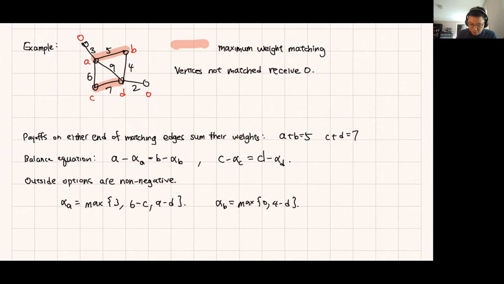Eventually, it won't matter because we're going to have a linear program, so everything is non-negative to begin with. But we're just writing it down formally here for now. And outside option for C, there's only one choice as well. So it's either 0 or 6 minus A.